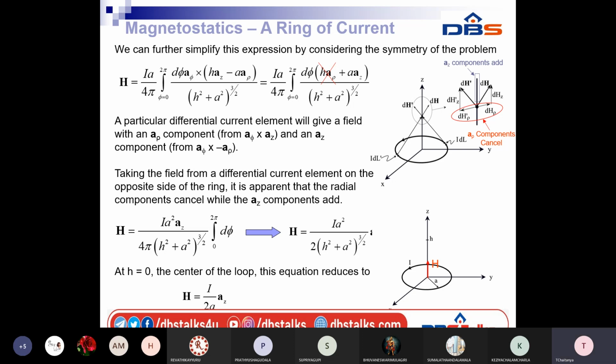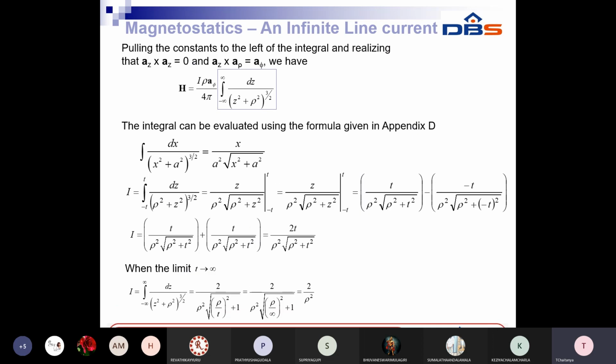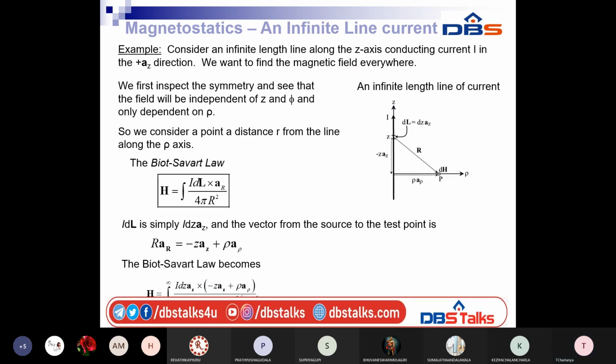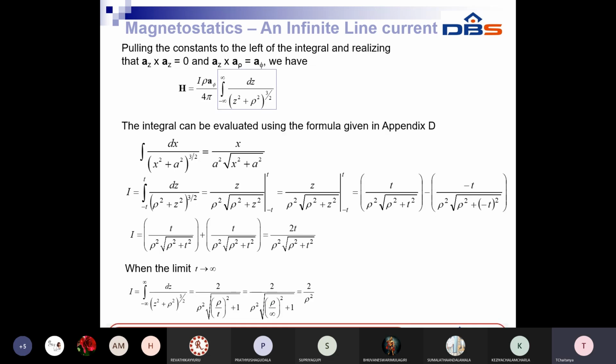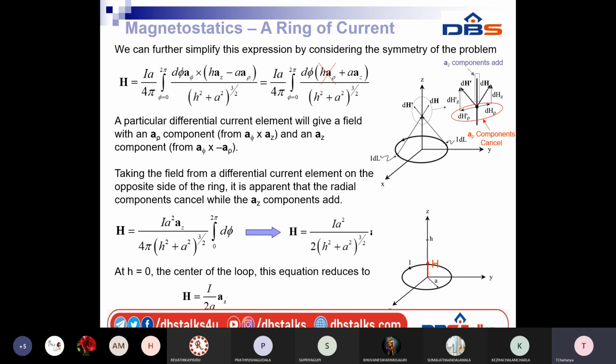That is the magnetostatic application over a ring, and here is the magnetostatic application over an infinite line. If I apply the Biot-Savart law on a line, the magnetic field intensity is H equal to I a phi divided by 2 pi rho for an infinite line, and for a disk it is H equal to I by 2a into az.